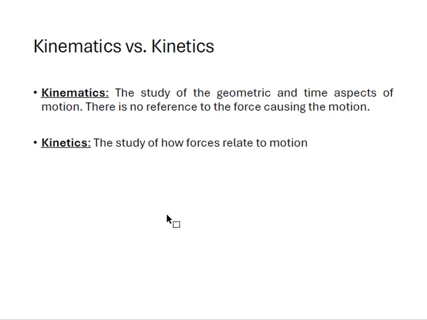Then you've got to worry about the two types of analysis. The very first one, kinematics, is all about motion, because we focus on describing the motion, for example the path something takes, or how long it takes. And in this analysis, we're not going to worry about the forces causing that motion.